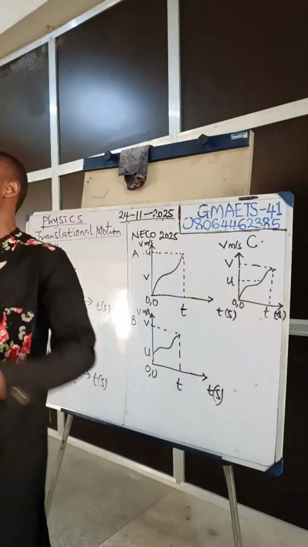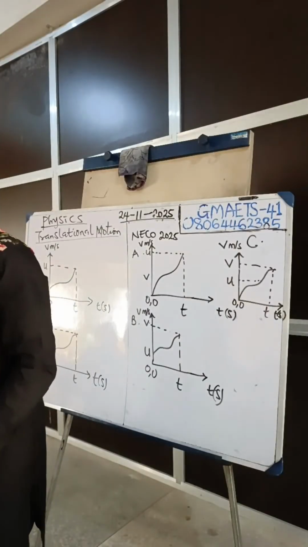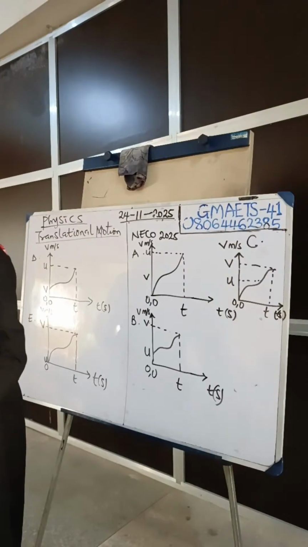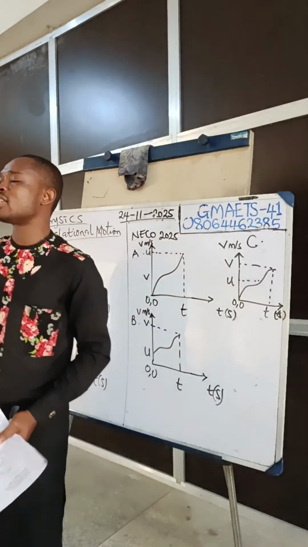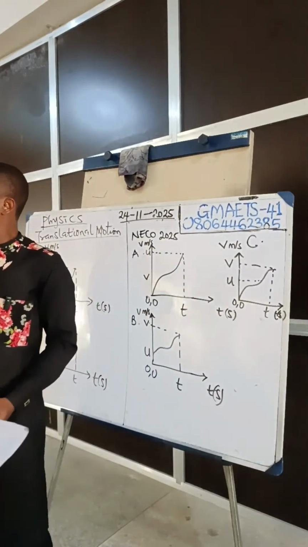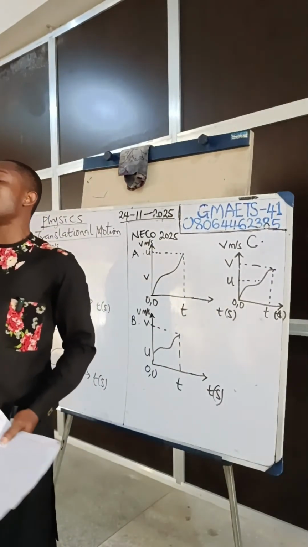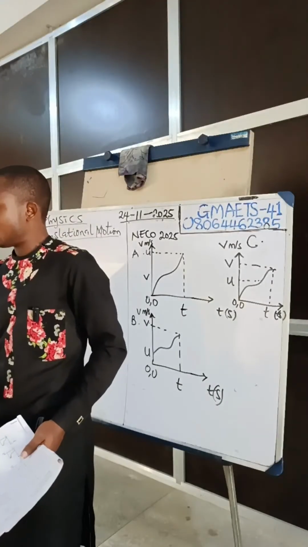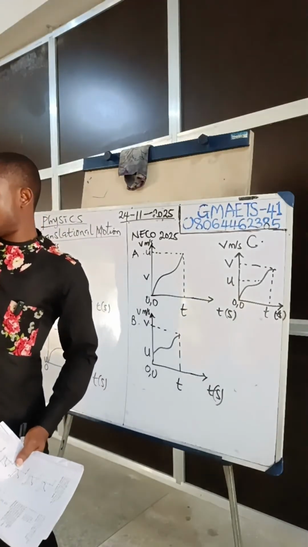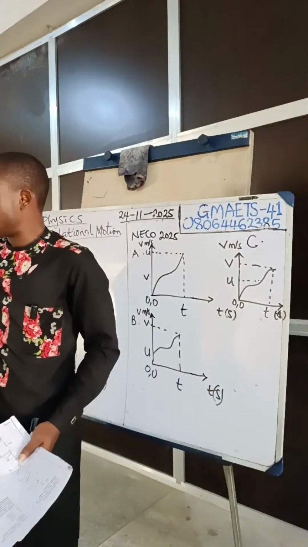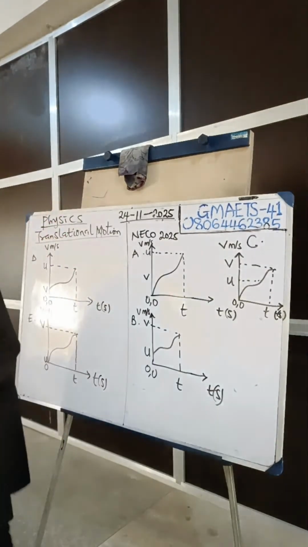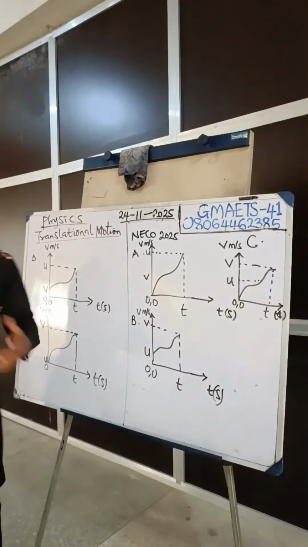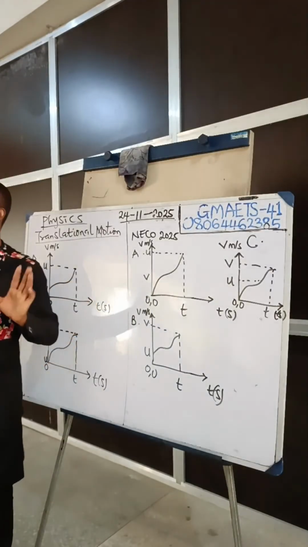The starting velocity or the ending velocity? Which we call the final velocity. So with this information, this should tell you that for the graph that will be correct, the initial velocity u will be below. Is that not so? Yes. While the final will be what? Up. So u will be below on the vertical axis and v will be on top. Is that clear? On the basis of this thing I've told you, there are some graphs you will now quickly eliminate.